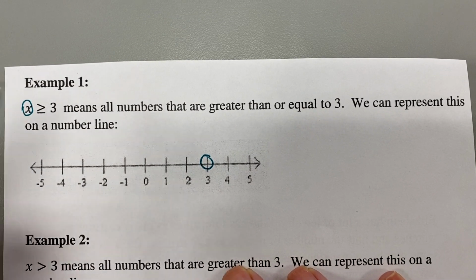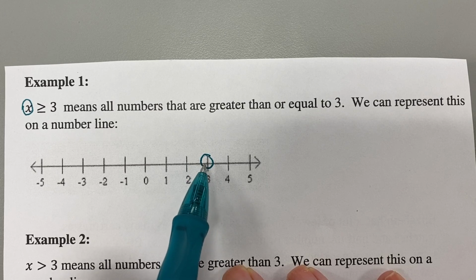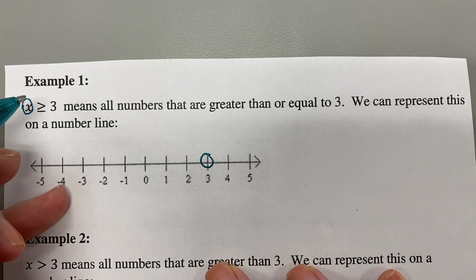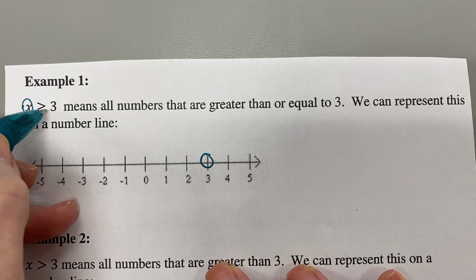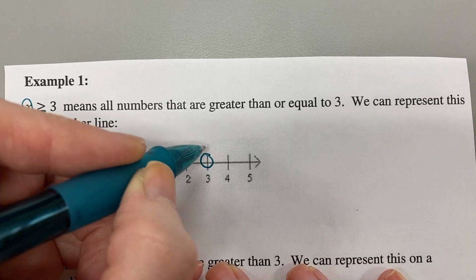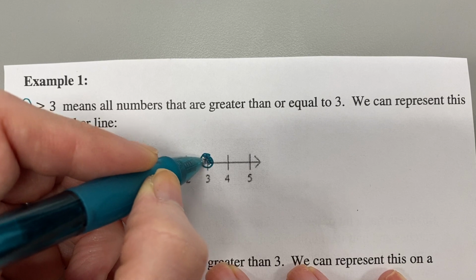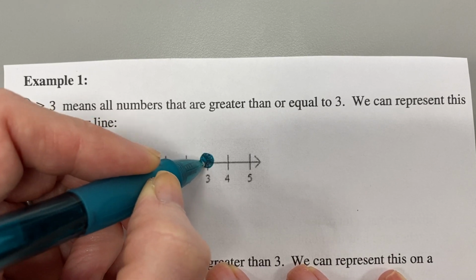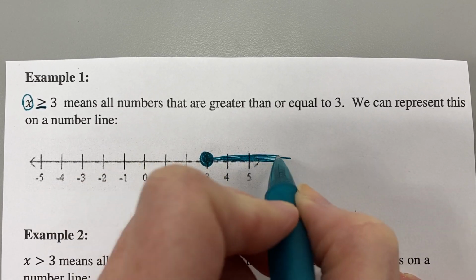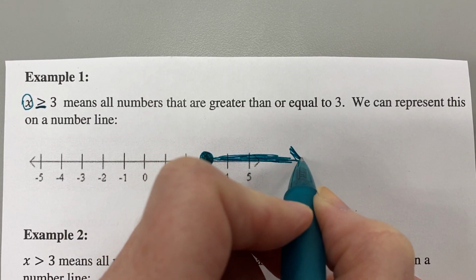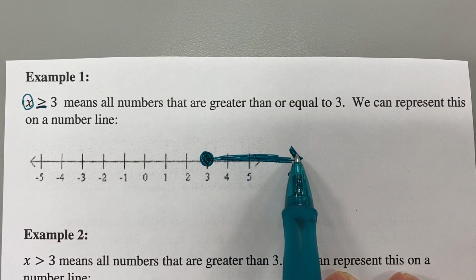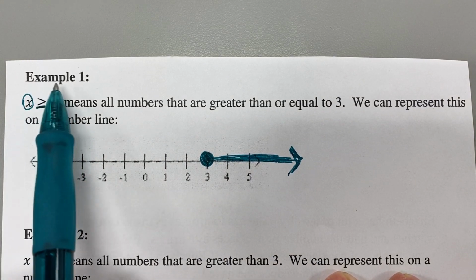And I have to decide, should I color that circle in to include the 3 or not? Because our symbol has the equal to on it, we'll include the 3 by filling in the circle, and then we'll shade to the right because this is greater than.